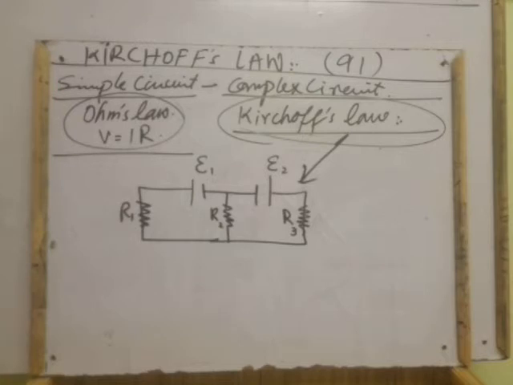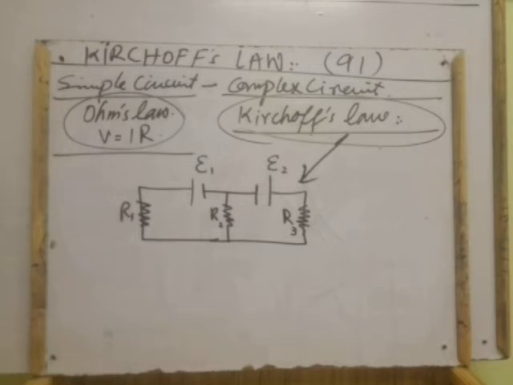In order to solve such complex circuits, the German physicist Gustav Robert Kirchhoff, 1824 till 1887, these being the date of birth and the date of death.